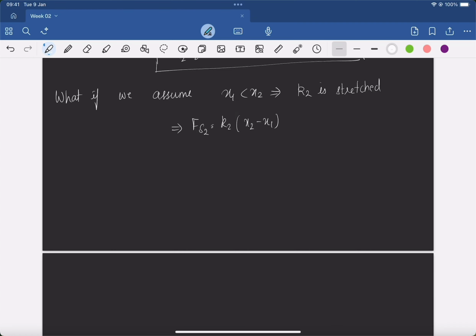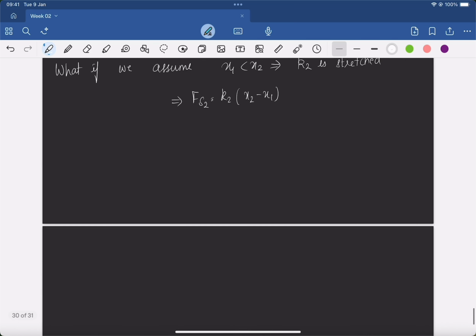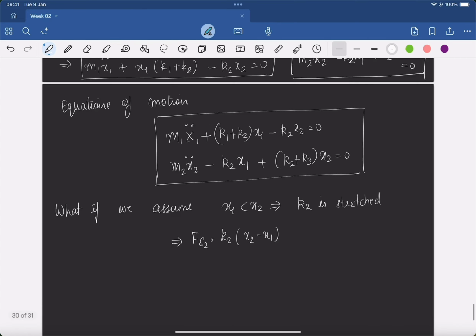Earlier, with x1 greater than x2, we had a compressive force. Again, one could also say k2 into x2 minus x1 is the right thing, because it's going to be the compressive force. So essentially we can say x2 minus x1.